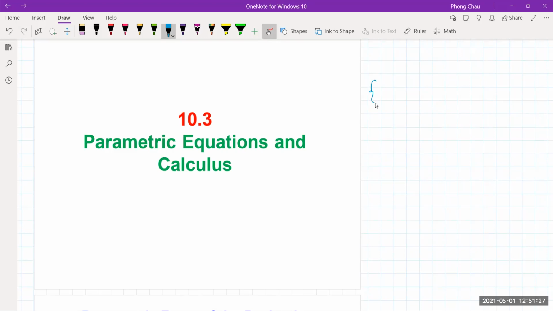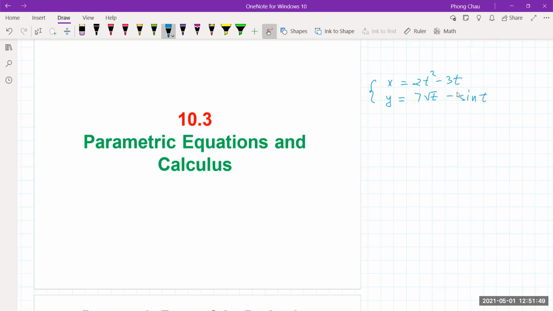a parametric equation, say x equal to t squared minus 3t, and then you have y equal to 7 square root of t minus sine t, for example.